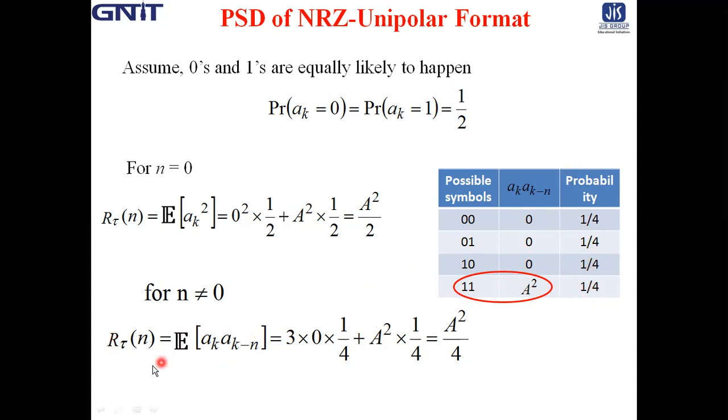Therefore, the autocorrelation function R_n(tau) for n not equal to 0 equals 3 into 0 into their probability of occurrence, 1 by 4, plus A square into 1 by 4. So that would be A square by 4.